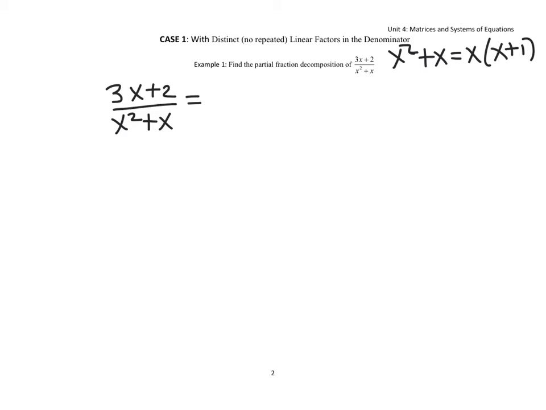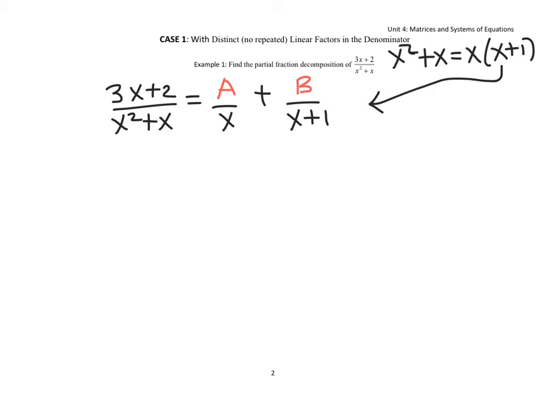So how do I do that? I'm going to introduce letters a and b because I do not know what the numerators are, but I know the denominator is x, and I know the other one is x plus 1. And where did I get this from? From factoring. From the factor.